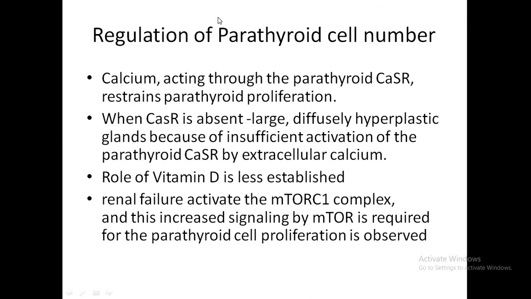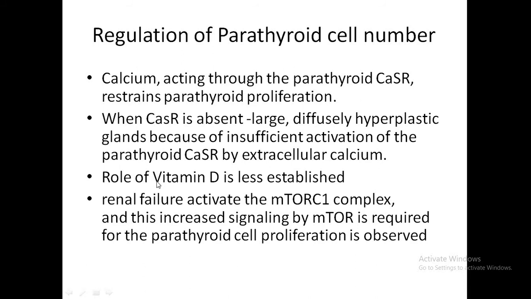Regulation of parathyroid cell number. Calcium, when it acts through the parathyroid CASR, will restrain parathyroid proliferation. When CASR is absent, large diffusely hypoplastic cells are formed because of the insufficient activation of parathyroid CASR by calcium.